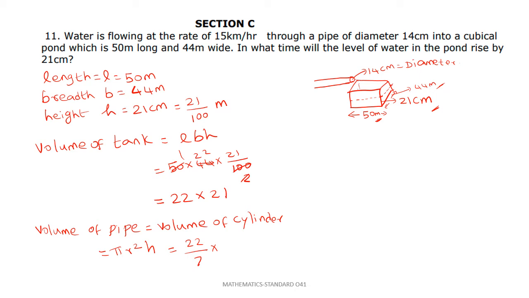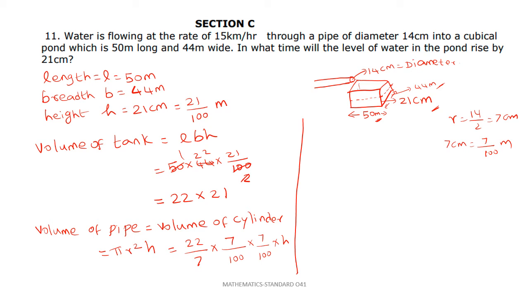Okay, so r square, r is what? 14 by 2, 7 centimeter. But all the units are in meter. So when I am writing 7 centimeter in meter, it will be 7 by 100 meter. So that's how r square will be 7 by 100 into 7 by 100 times h. Okay.